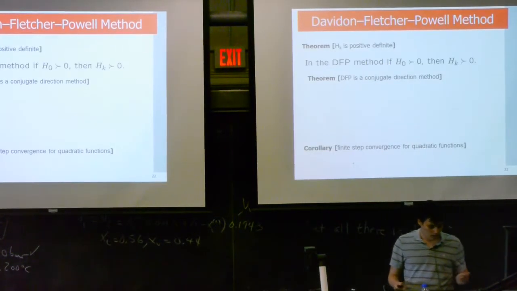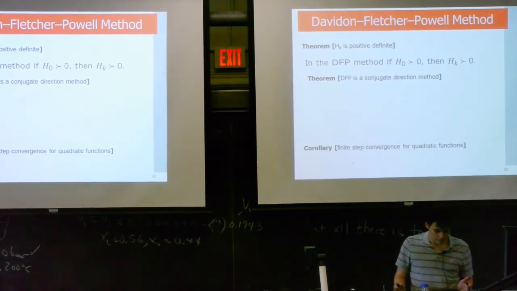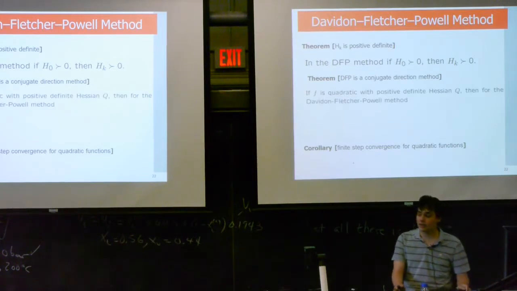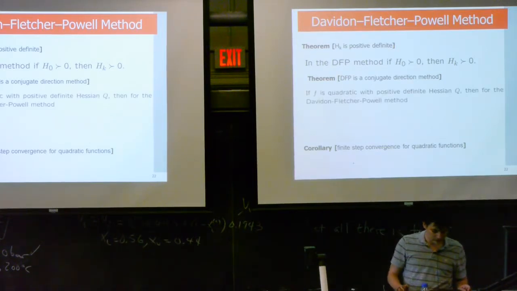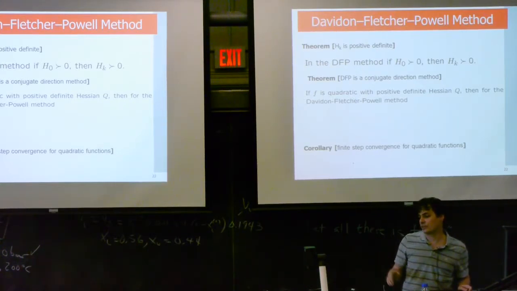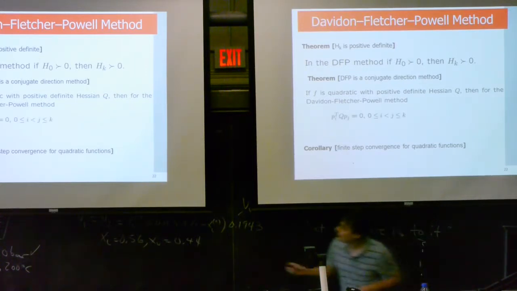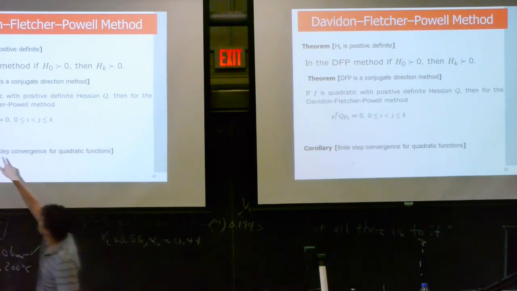And there are important properties of this update. The first one is that for this DFP method, if the H naught was positive definite, then in each update step, the estimation of the inverse of the Hessian will be positive definite as well. So it's better than the rank 1 update. And another important theorem is that you can prove that this DFP method is actually a conjugate gradient method, which might be surprising now, but it will have this property that these are the directions that we update.